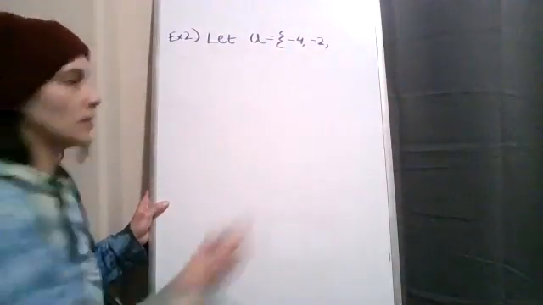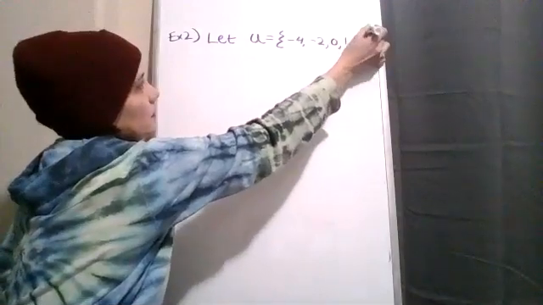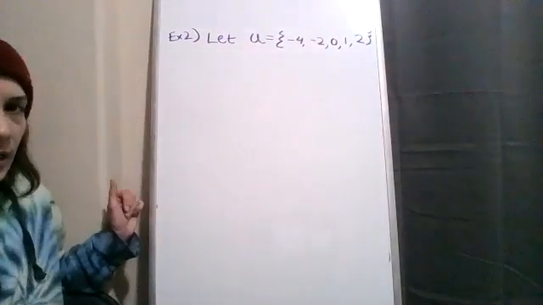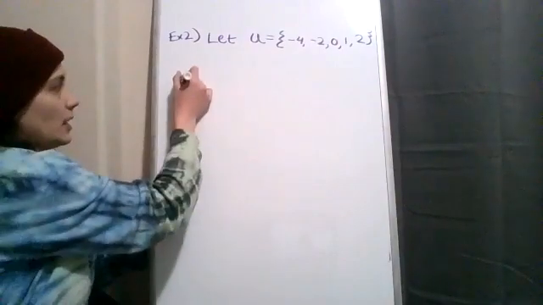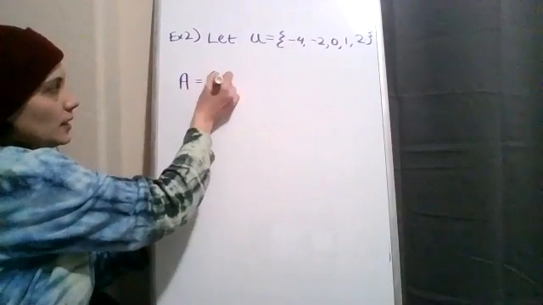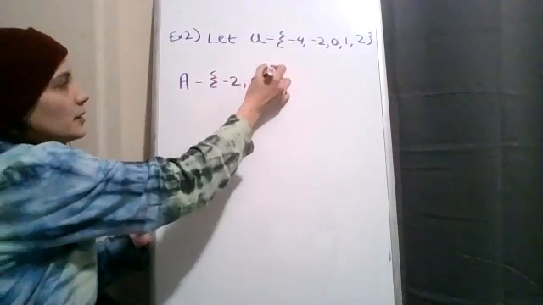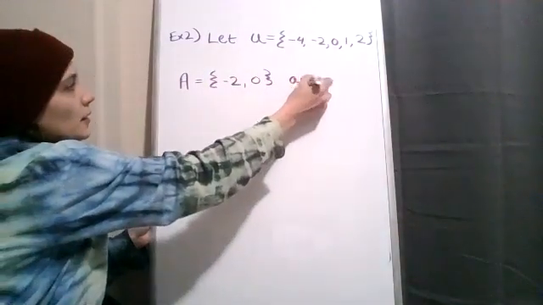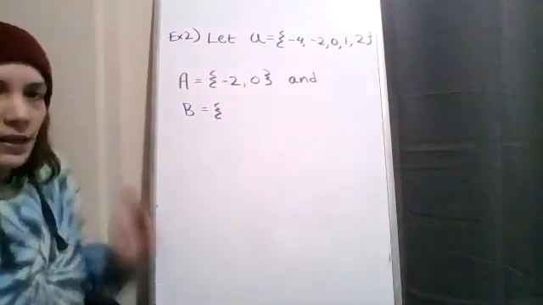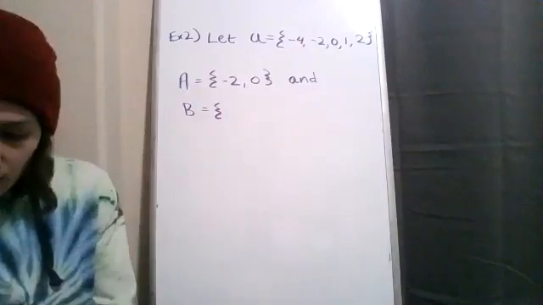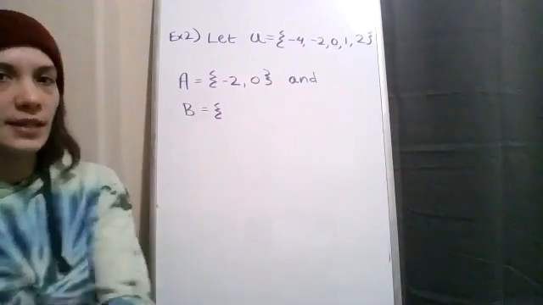Let's put -2 and 0 in set A. So A is equal to the set that contains -2 and 0. B equals the set. Let's see, put -2 and 0 and 2 in set B.